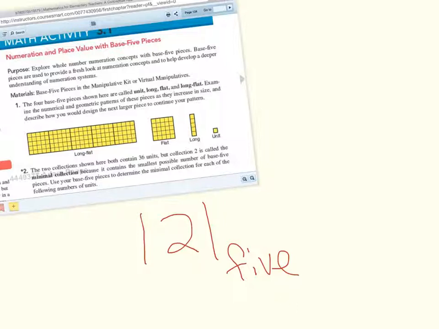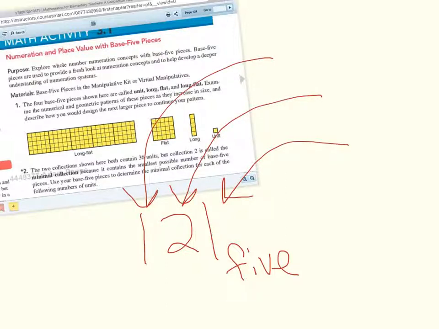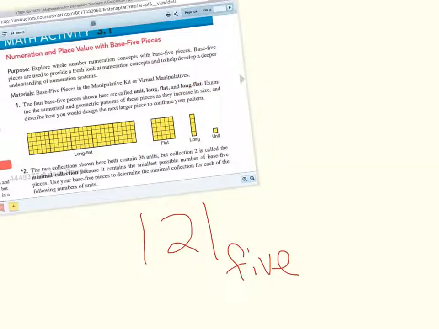That does not mean that we have 121 units. It does not, because we just saw this is only 36 units. These are simply placeholders. And so in our minds, when we see this, we should think of 3 distinct different pieces, meaning that I know that I have 1 unit, 2 longs, and 1 flat.